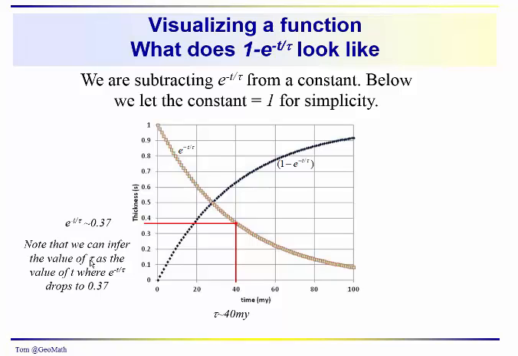So in this particular case, e to the minus t over tau drops to 0.37 of its maximum value.